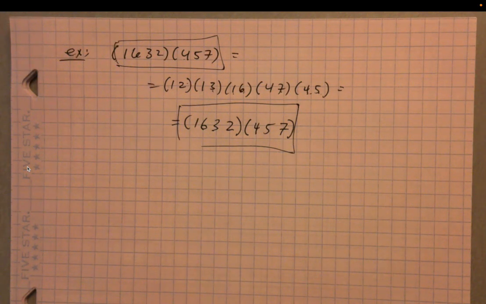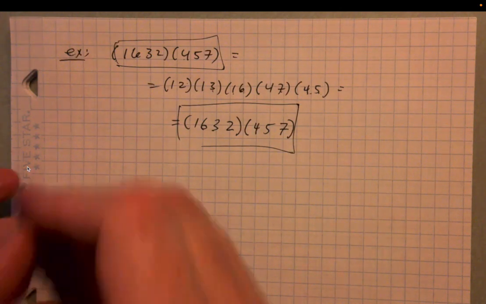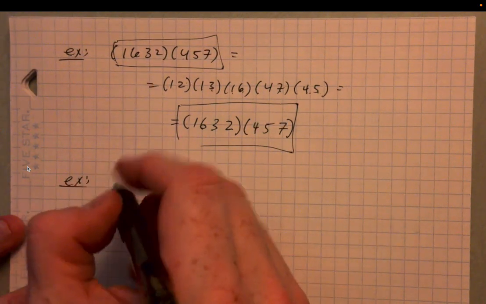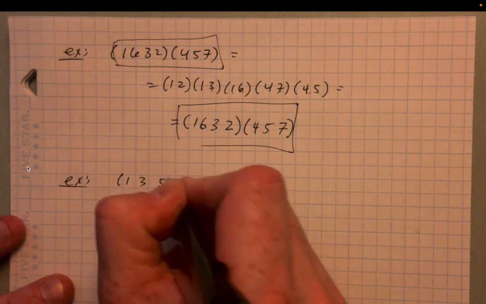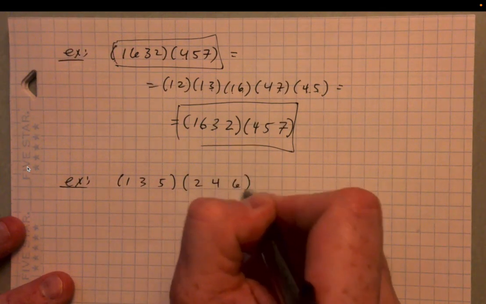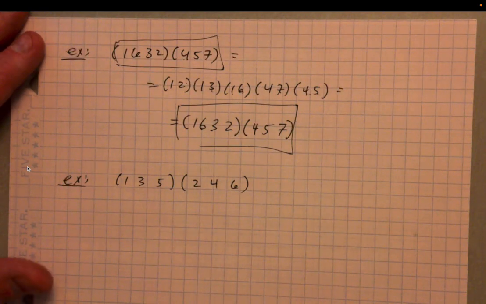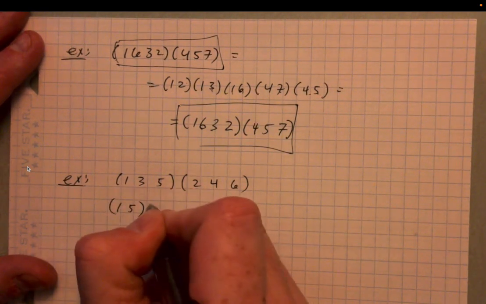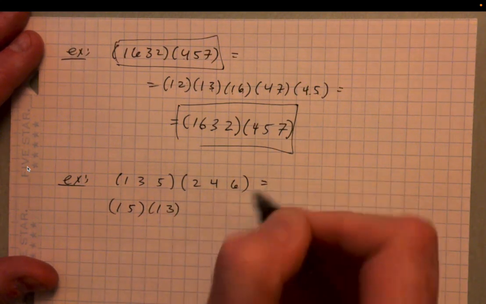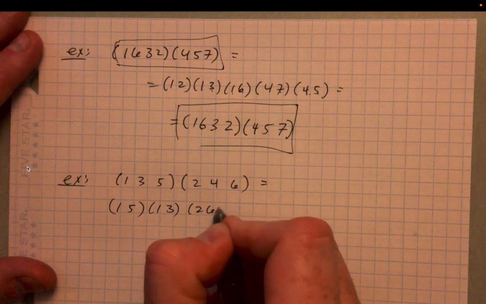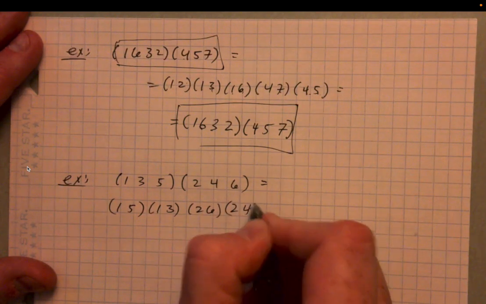All right, very cool. Okay, and we could do this, right? You can just make up permutations. So let's say 1, 3, 5, and then 2, 4, 6. All right, so 1 goes to 5, 1 goes to 3, and then 2 goes to 6, 2 goes to 4.